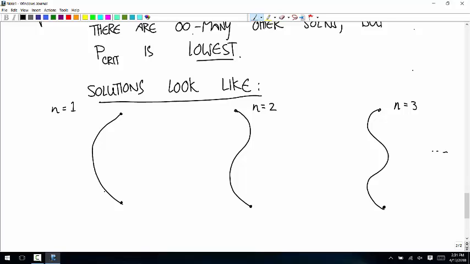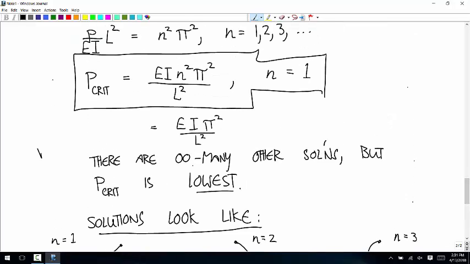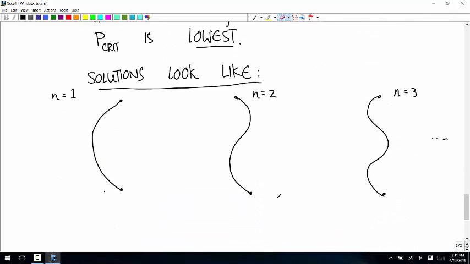But every time you increase the value of n, you're increasing that load P that's required to produce that solution. And so if there aren't any other restrictions on it, it's always going to buckle into this form, long before these are even solutions. But the other values of n are important.